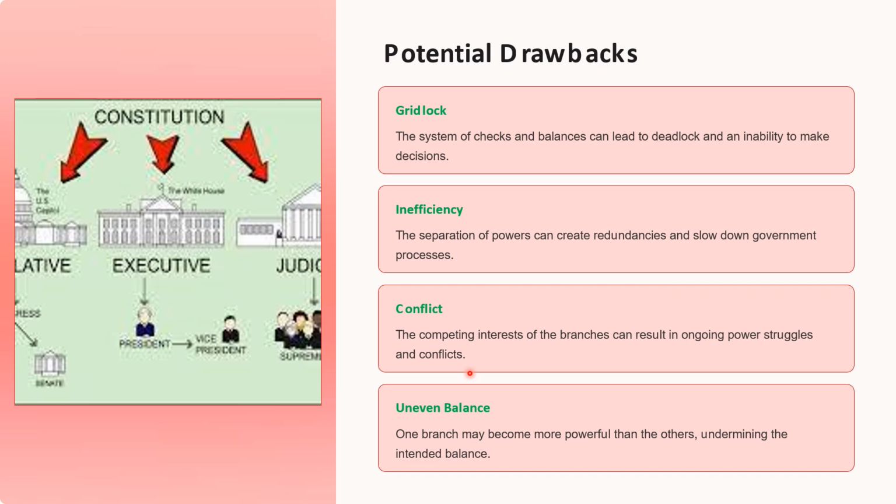So there is conflict between the legislative, executive, and judiciary, and competition for authority. And uneven balance: one branch sometimes dominates the others, and unequal distribution of powers can undermine the intended balance.